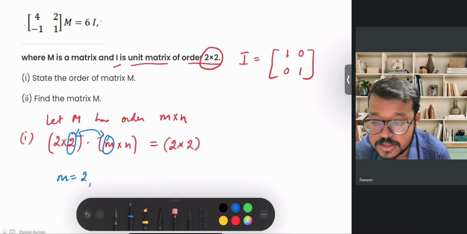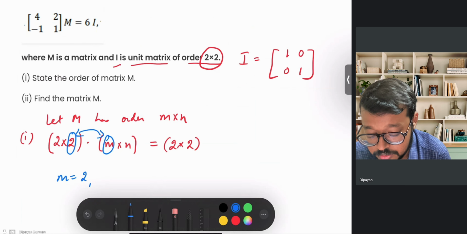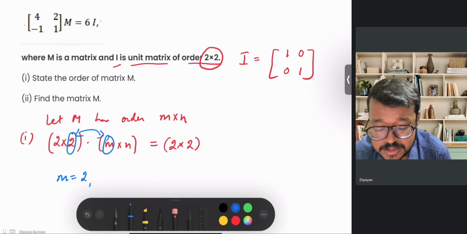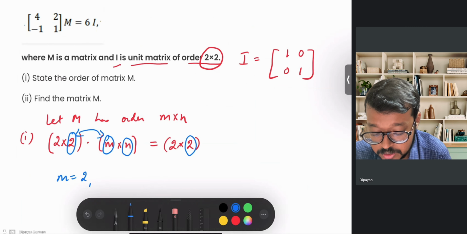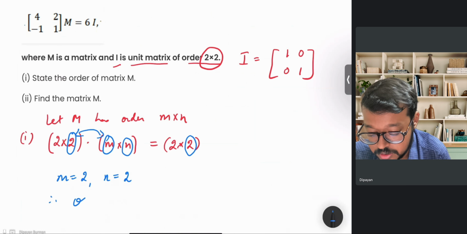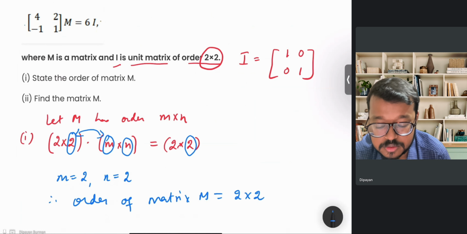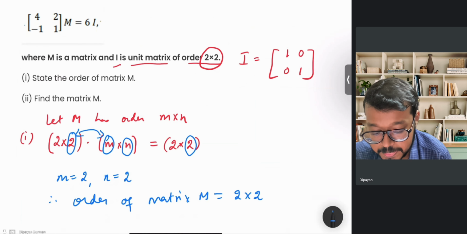Also the result of the matrix has 2 columns, and that comes from the number of columns in the second matrix. So n also has to be equal to 2. Therefore the order of matrix M must be 2 by 2, 2 rows and 2 columns. Only then this is possible.